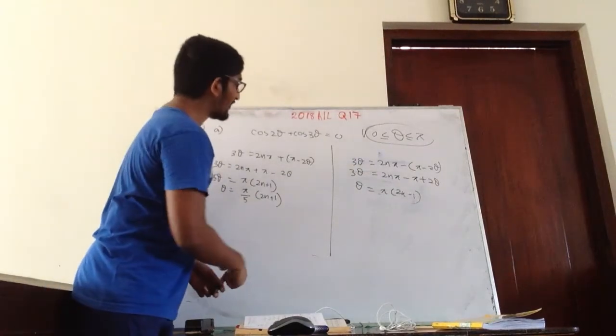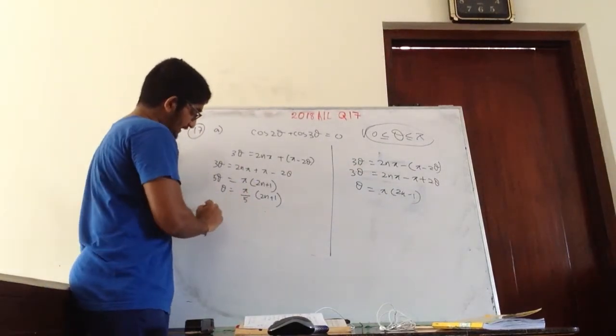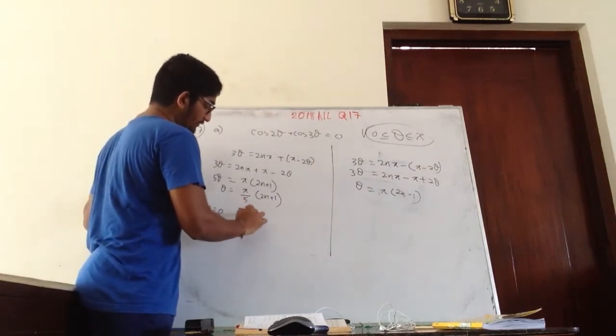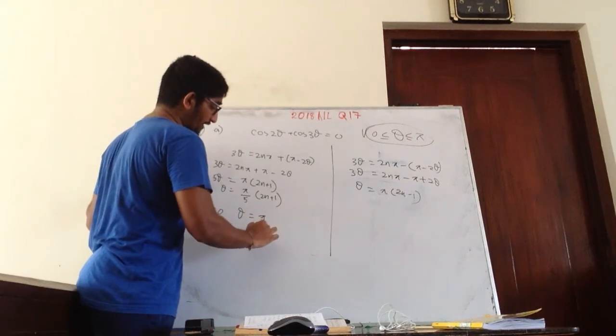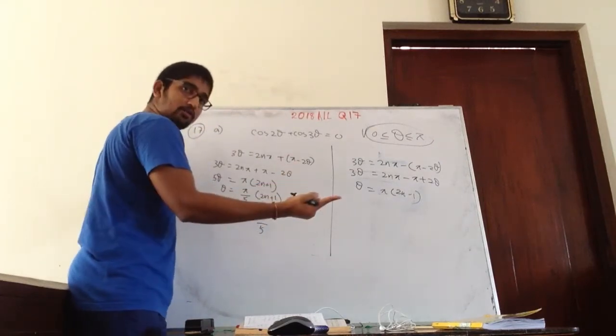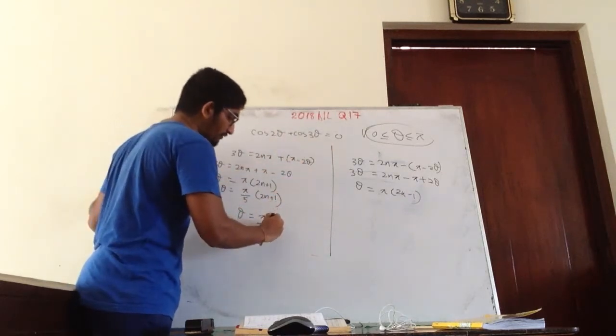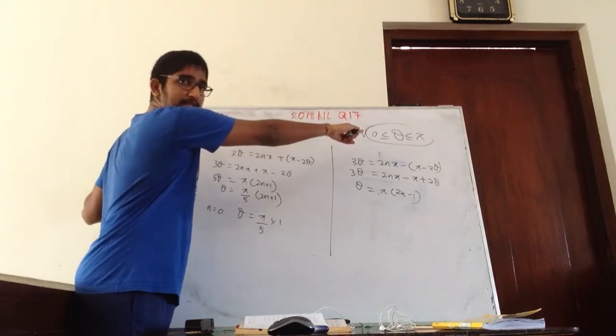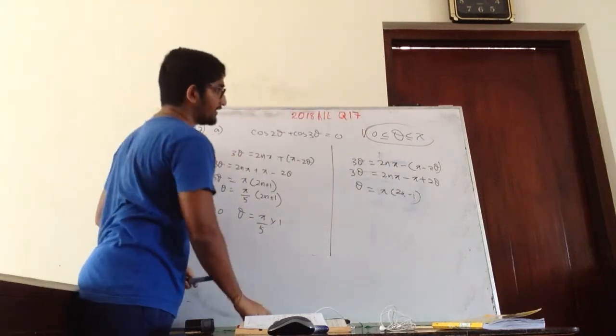So here first of all, I'll consider n equals 0. So if I take n equals 0, theta will be phi over 5, theta over 5, 2 times 0 plus 1, that is going to be 1. Right? So theta over 5 is completely between here.